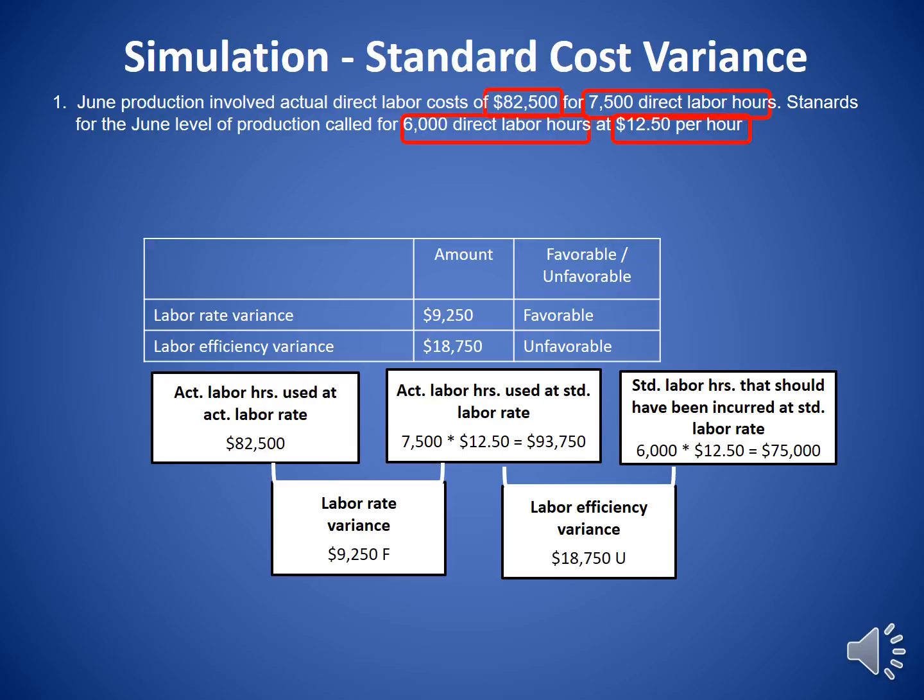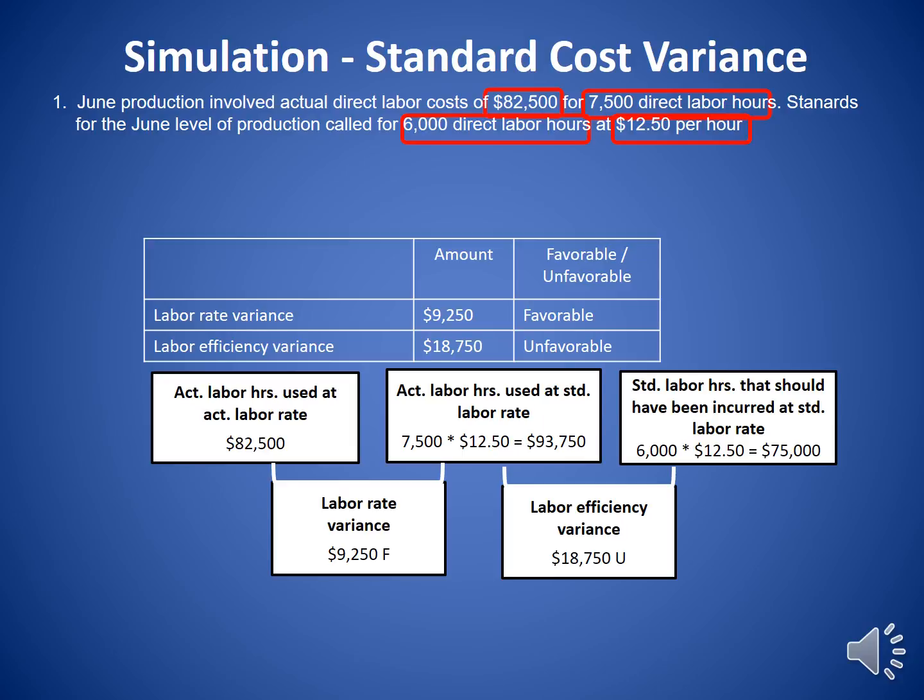So in this case, the total comes up to $93,750. So here we look at the actual amount paid, which was $82,500, versus the amount that we expected to pay at the expected rate of $93,750. That means we end up with the labor rate variance of $9,250, and it's favorable.